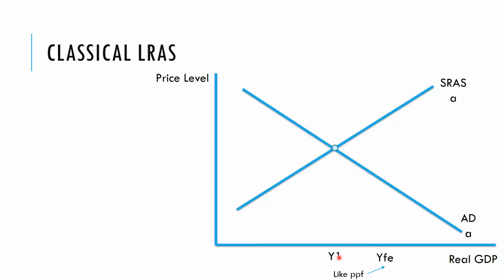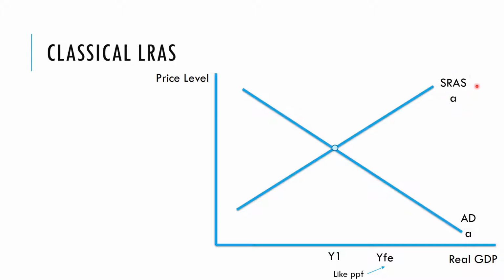Now if you have spare workers and spare machines and spare materials, what will happen to the price or the cost of those workers' wages, the price or cost of those machines, the price or cost of those materials? Well, those factors of production would probably go down in price. And if they go down in price, it lowers the cost to businesses.